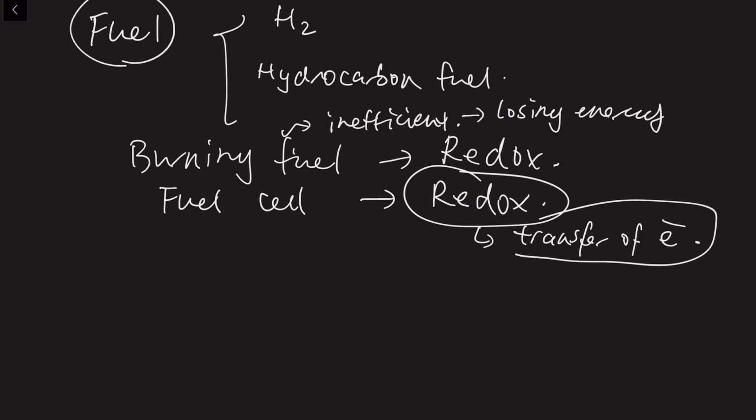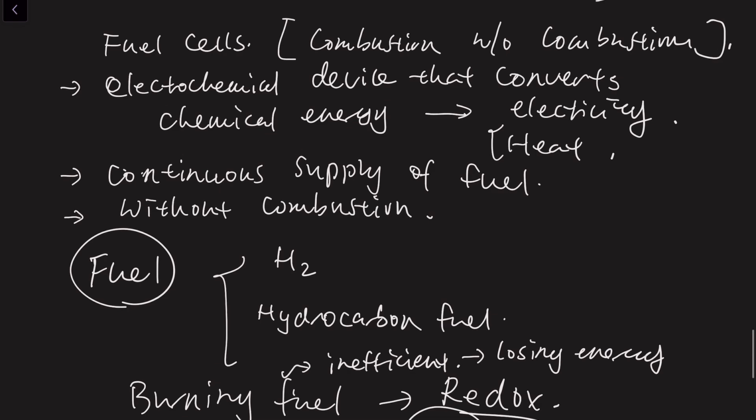And it uses this transfer of electron by separating it into two parts, anode and cathode, to generate electrical energy. So it is a smarter way to convert energy. But you should remember that the underlying principle should be the same.